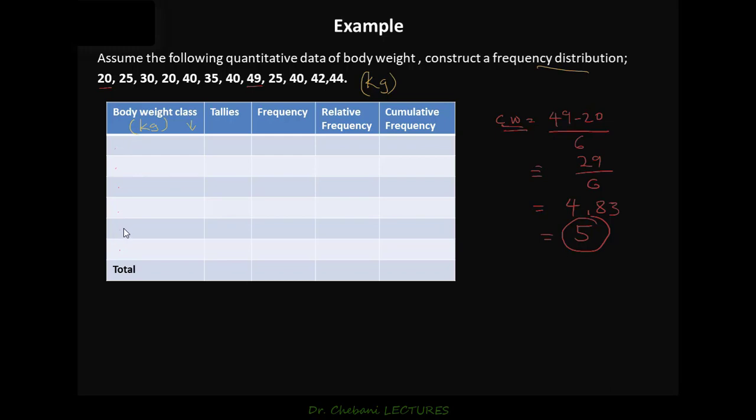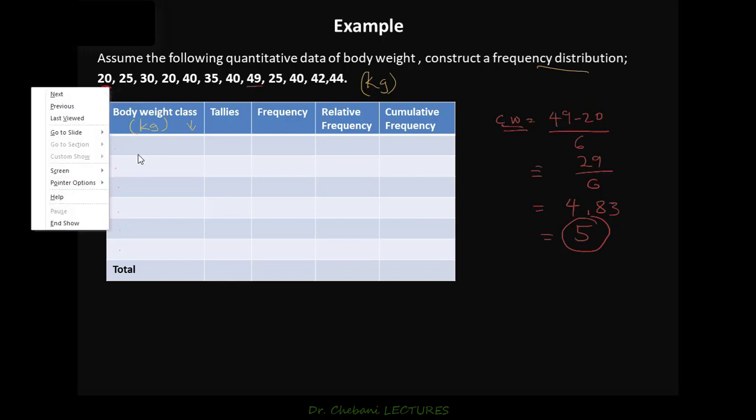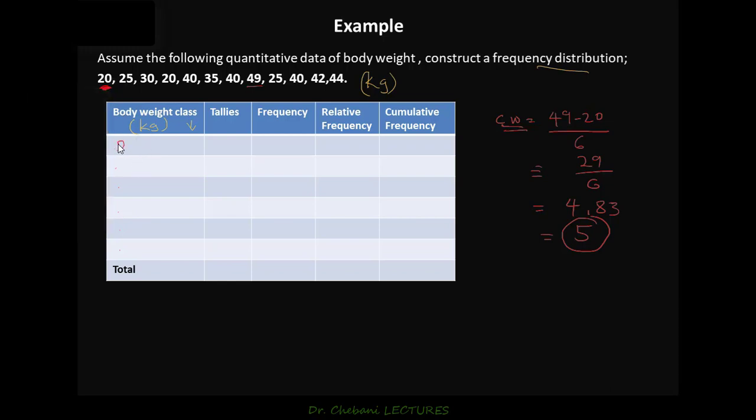So the next step, remember, was we pick a starting point. The starting point that we'll pick here, remember, it can be any convenient value, but it's always easy to just pick the lowest value on your distribution or on your data points. So in this case, it's 20. So we'll pick 20. That's the lower class limit of the first class.